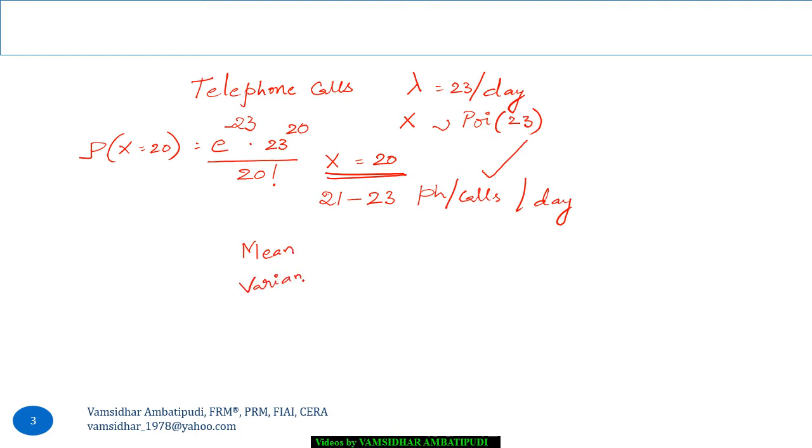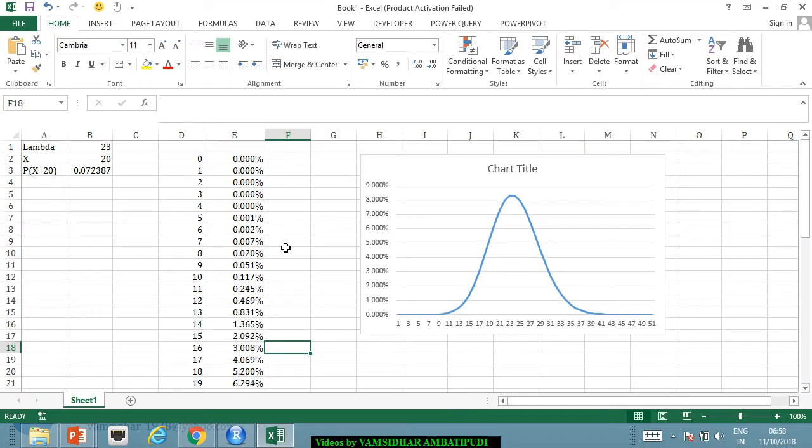There are two important things for any such distribution that we should be interested in: the mean and the variance. Let's take our spreadsheet.